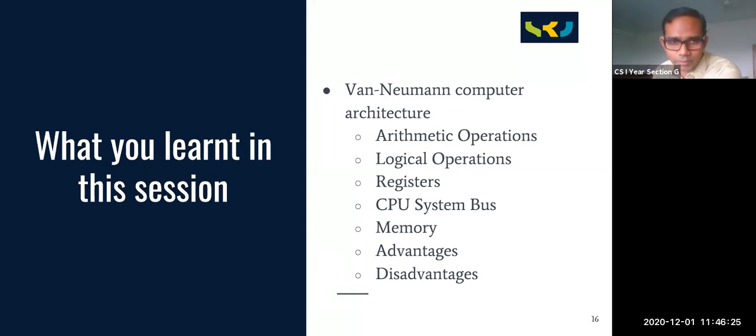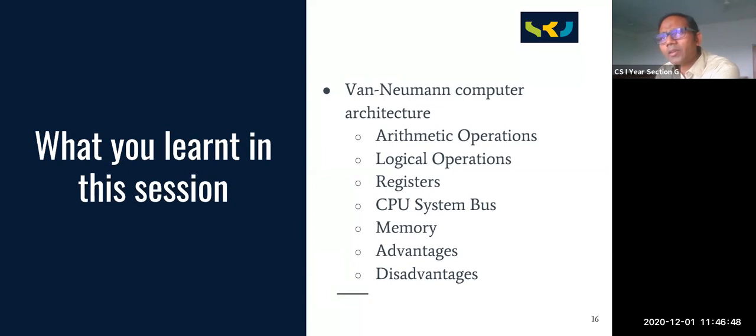Coming to registers, we have seen MAR, MDR, accumulator, program counter, and current instruction register. These are the registers with respect to von Neumann architecture. MAR holds the address of a register. MDR holds the data of that particular register.